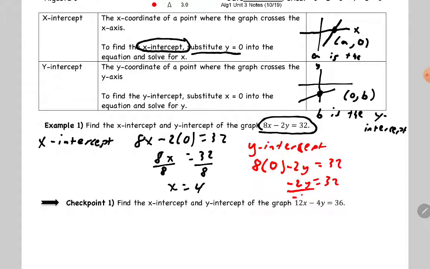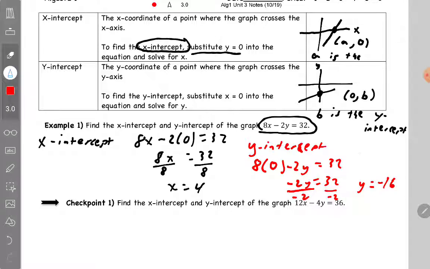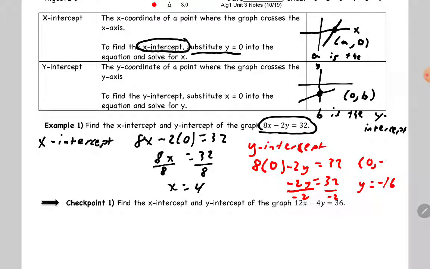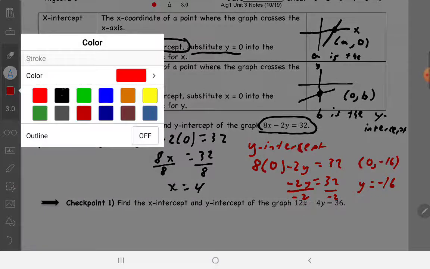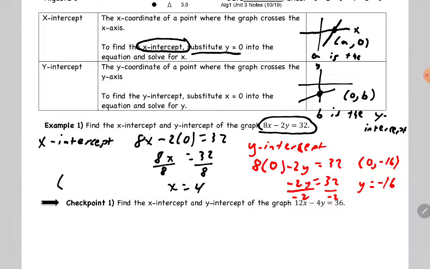I'm going to divide both sides by negative 2 to get y equals negative 16. And that is my x-intercept and y-intercept. If they asked for coordinates, my y-intercept would be at 0 comma negative 16, and my x-intercept would be at 4 comma 0.